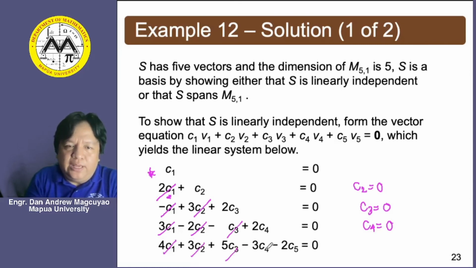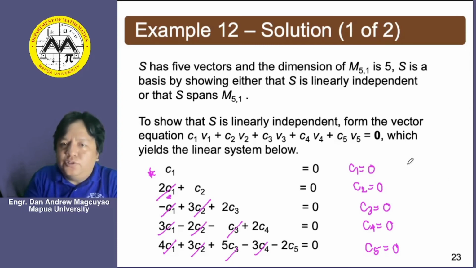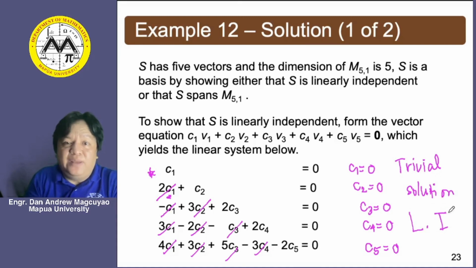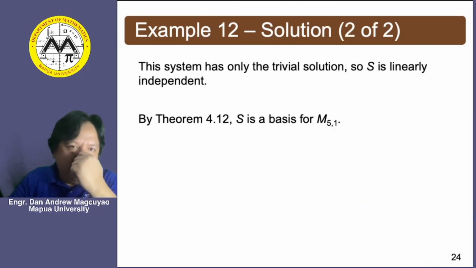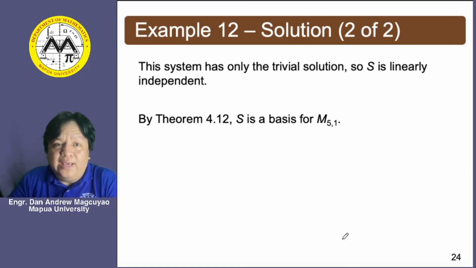Basically, c5 is also equal to 0. So it forms a trivial solution. Only the trivial solution exists, so it is linearly independent. Thus, it is a basis. So this system has only the trivial solution, so S is linearly independent. Thus, by that theorem, S is a basis for M5,1.